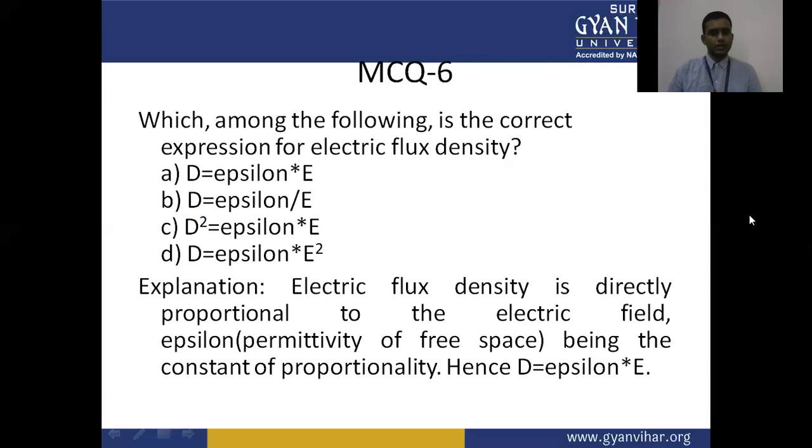Electric flux density is directly proportional to the electric field, epsilon, that is the permittivity of free space, being the constant of proportionality. Hence, the correct answer of this question is A.